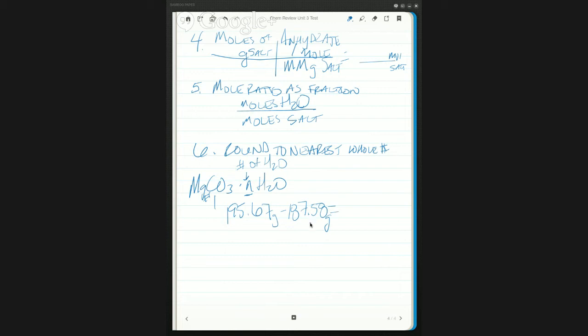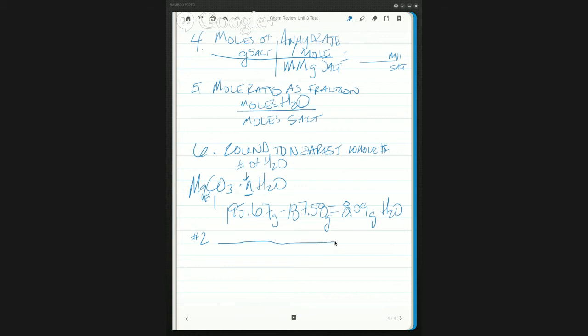If we subtract these two, I get 8.09 grams. That was the mass of water lost.